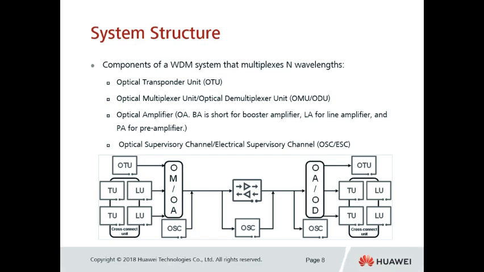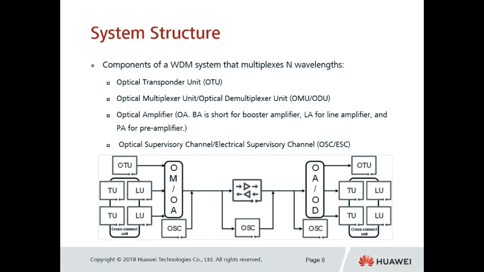We call it OA. But we also have one special case: the OSC channel will never be amplified by the OA unit, because if the OA unit fails, our OSC channel is still okay. We can still get the information by the OSC channel. So we want the OSC channel to work when the OA has failed.